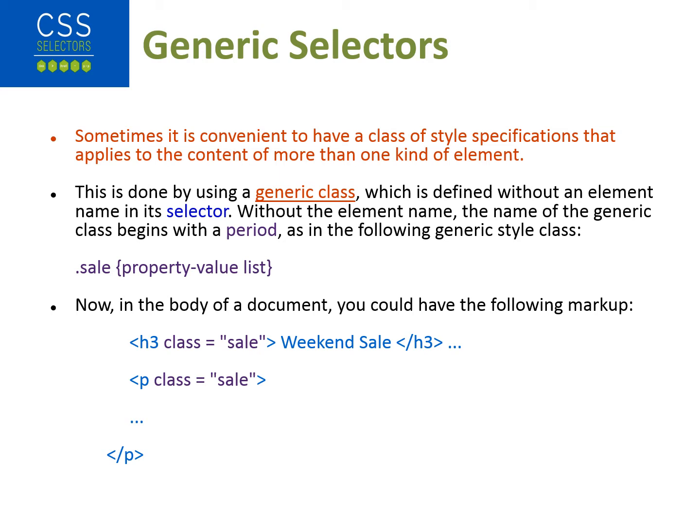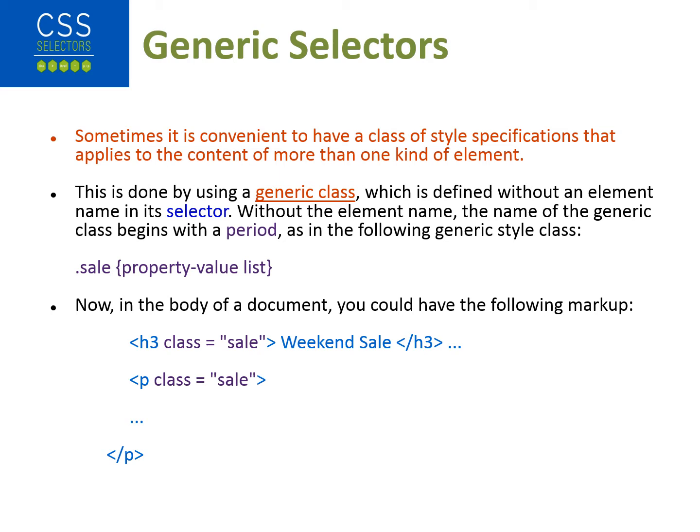Instead, it starts with a period symbol followed by the class name. So here, .sale. Instead of using any HTML tag, we start the style definition with a dot or period symbol, then comes the class name, then the declaration block. Inside the declaration block, the property value list is there.